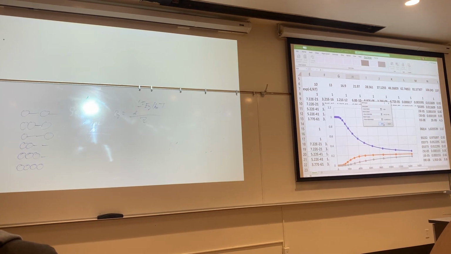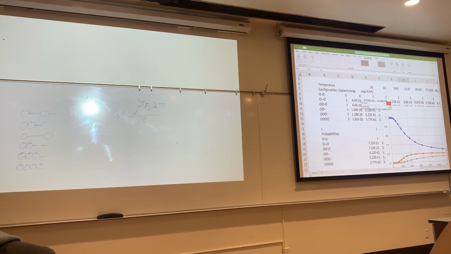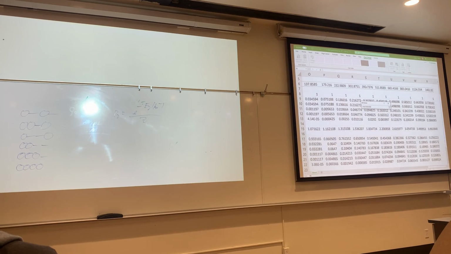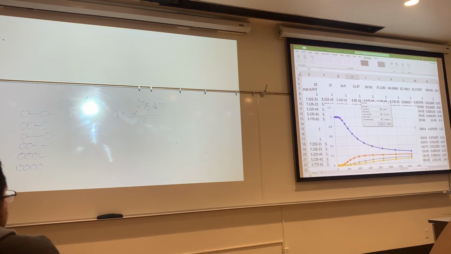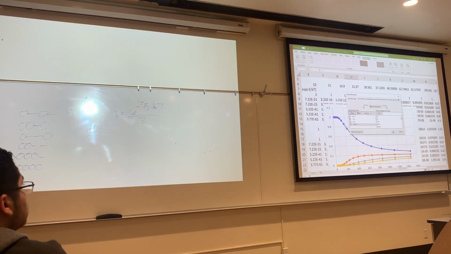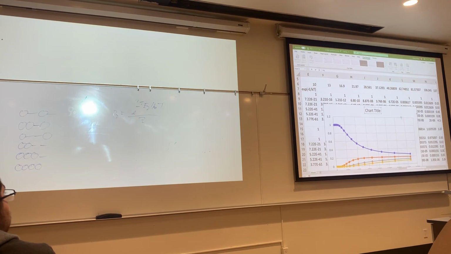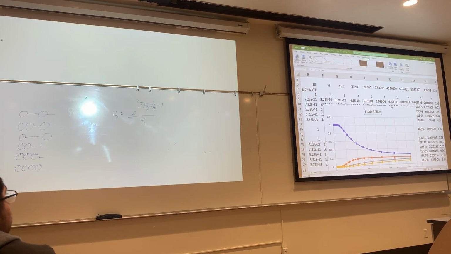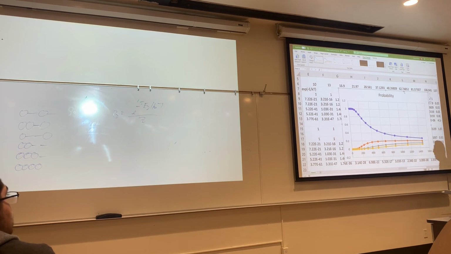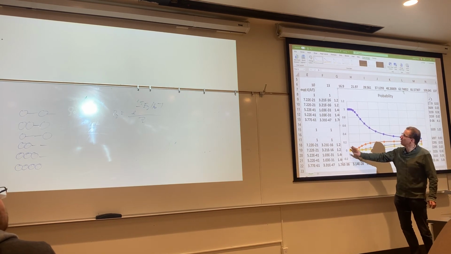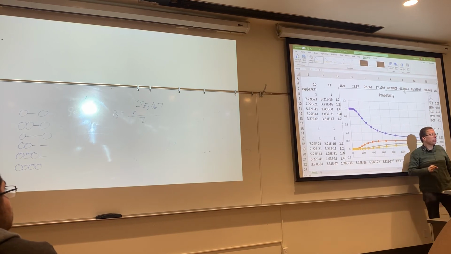And finally, let's add to our graph also the molecule which has only coplanar pairs, and the x-axis values for these, and the y-axis values here. Okay, good.